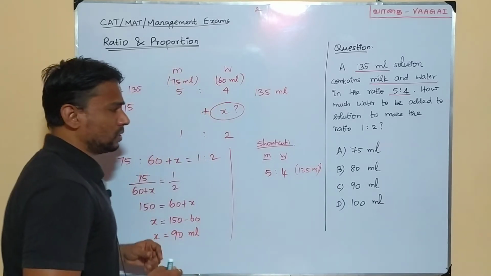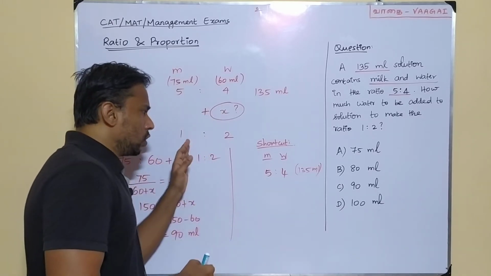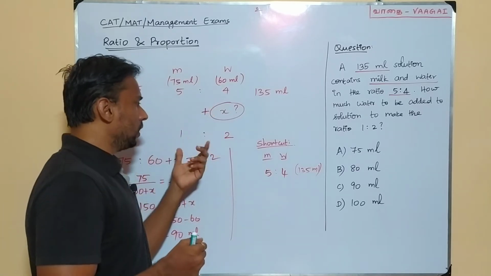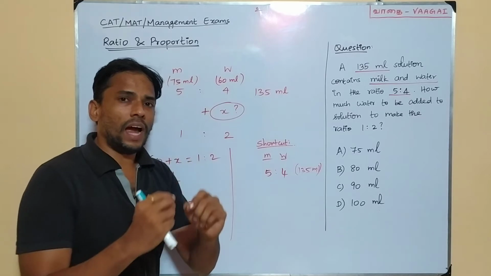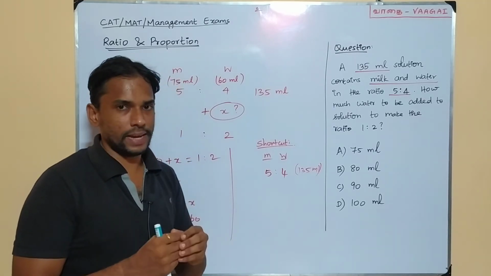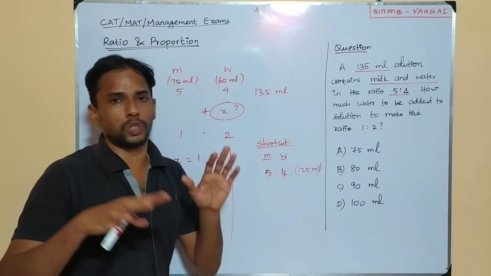We'll have this information separately. And what happens next is, after adding some extra water, the ratio changes to 1:2. Remember, after adding water, the ratio changes to 1:2. We are adding only water, we are not adding milk. So quantity-wise, milk is going to be the same now also.